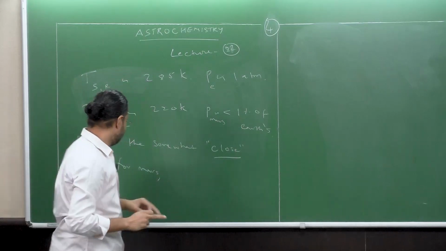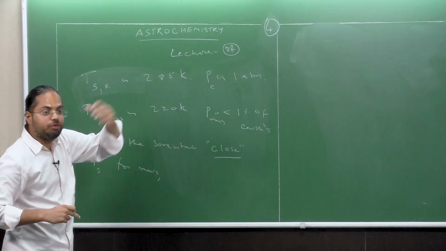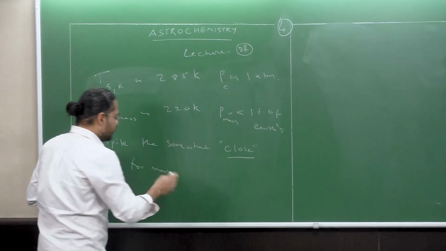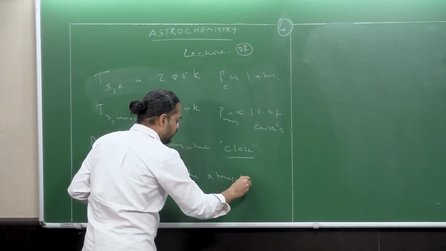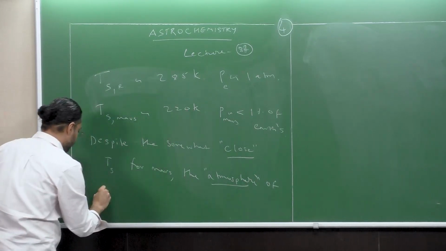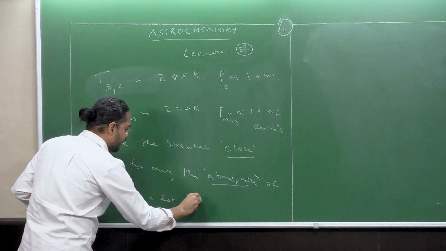Now, as a consequence, the problem is that Mars's atmosphere is not as pronounced as Earth. So despite the somewhat close temperature of Mars, the atmosphere of Mars is a lot less dense.